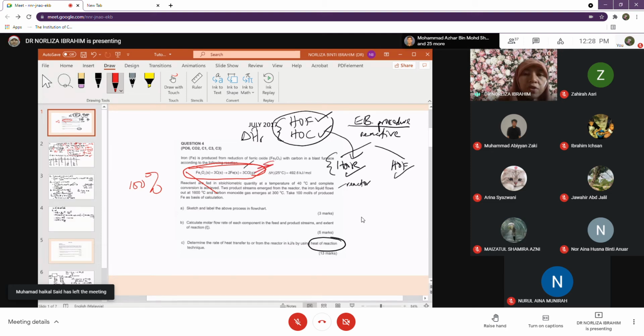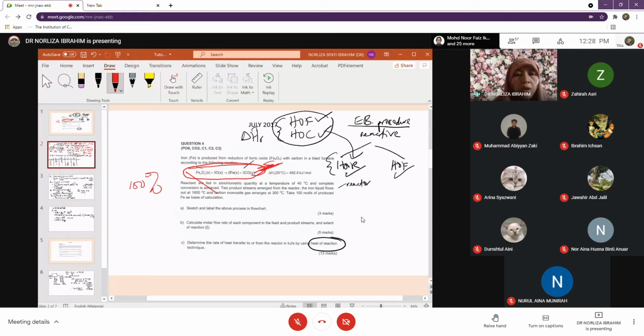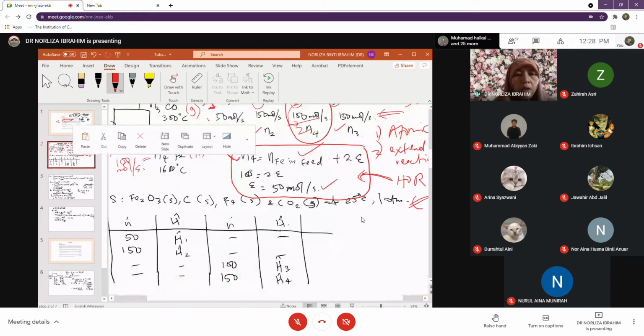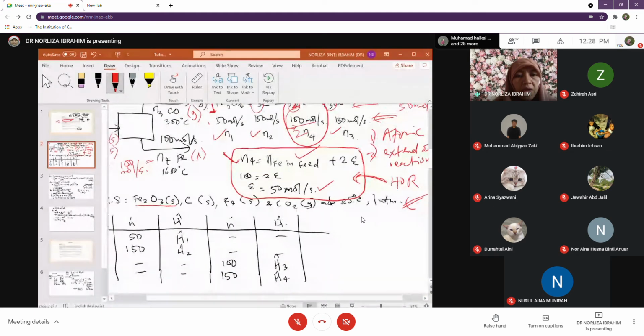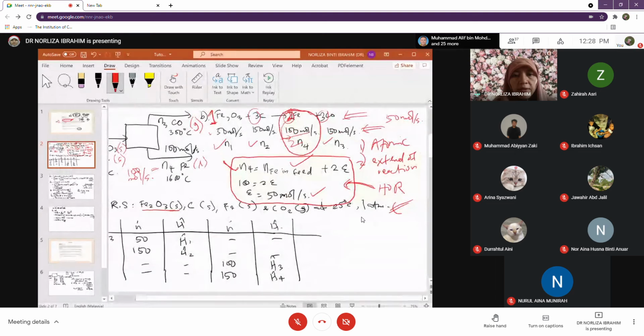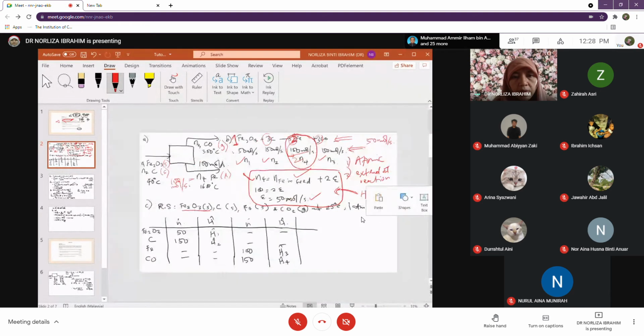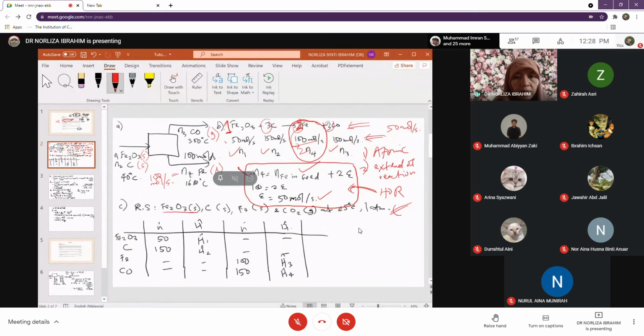That's why if you refer to my solution here, the reference state is ferrum oxide, solid, the reactant and the product. That is how to solve using the heat of reaction technique. The carbon, the ferrum also in the solid, the CO2 in the gas. So you follow exactly the reaction.